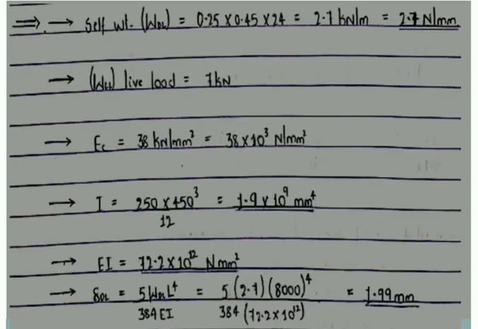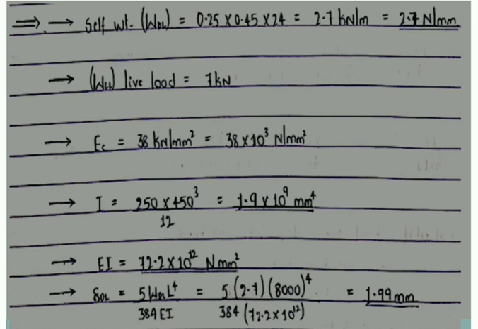So computation of self weight is easy, that is the dimensions into density of plain concrete, which is 24. We get the self weight as 2.7 Newton per mm, 2.7 kilonewton per meter. Next we get the live load, which is 7 kilonewton in the form of point load. EC is given, I value is nothing but BD cube by 12.